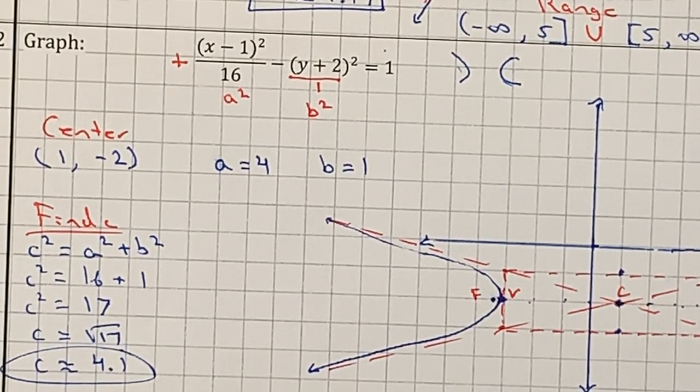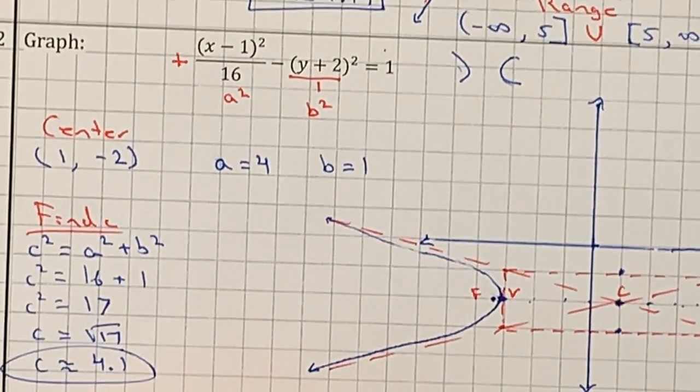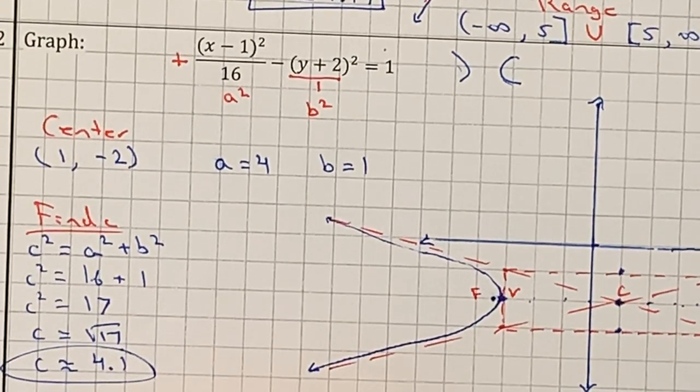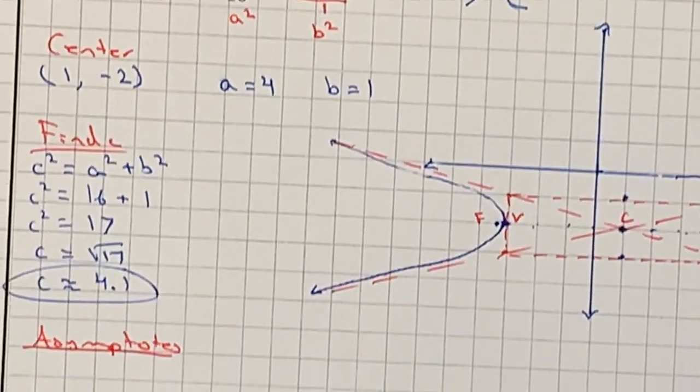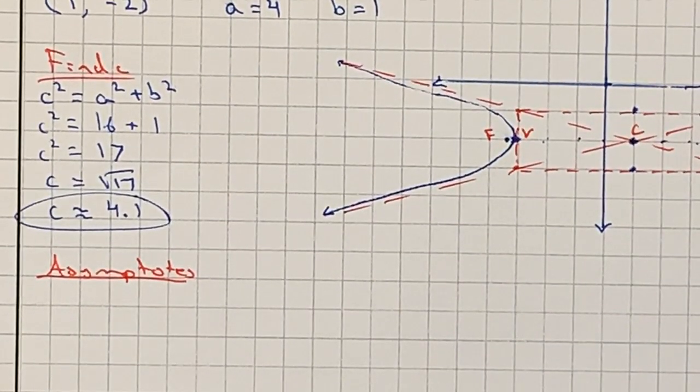Next, I need to be able to find the equations of my asymptotes. So for this, to find the equation of my asymptotes, I'm going to use my point slope form.